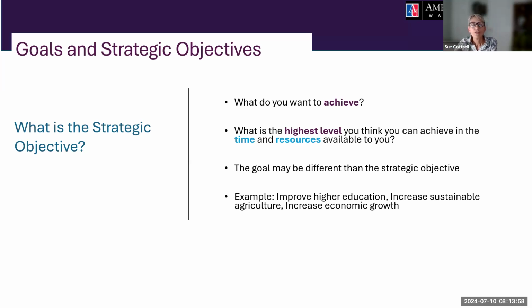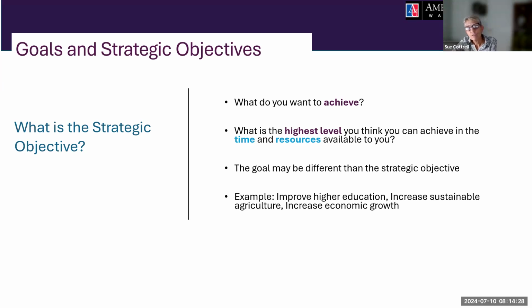So the strategic objective is, what do you want to achieve? And this, to me, the second point is probably the most important part of identifying your strategic objective. What is the highest level, thinking in terms of your cause and effect relationship that goes higher, short to medium to long term outcomes, you think you can achieve with the time and resources that are available to you?